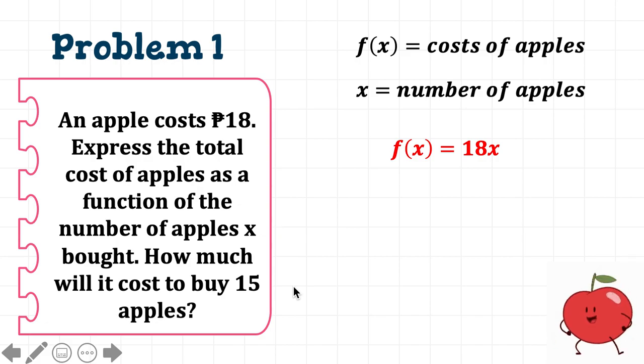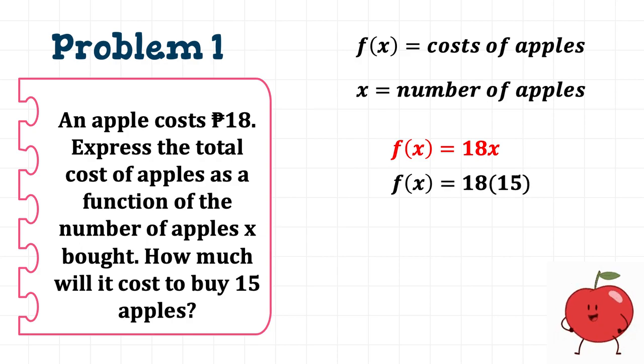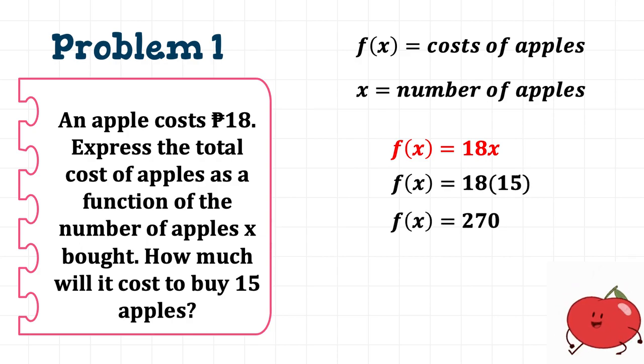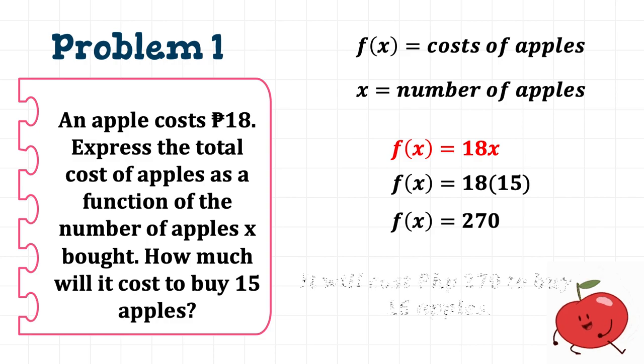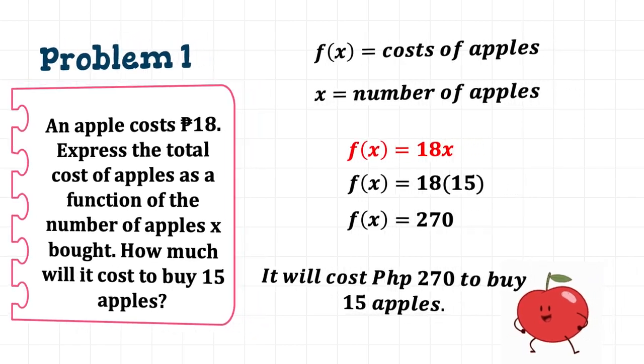That's why the given function would be f of x is equal to 18x. And then to answer the question, we just need to substitute x and make it 15. So that will be f of x is equal to 18 times 15, which will give us 270. So therefore, it will cost 270 pesos to buy 15 apples.